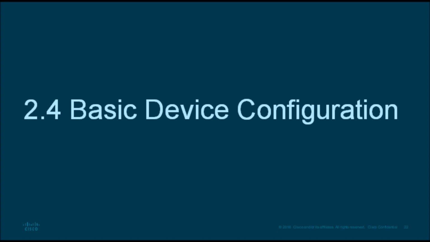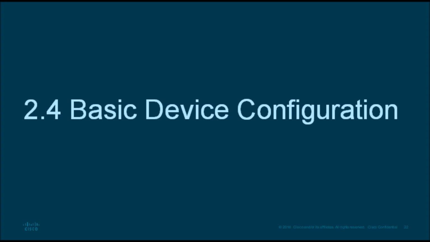But it is important to configure some basic configuration on any device before using that device in the network. So in this lecture, we will discuss some important basic networking device settings which are important before using them in our network.